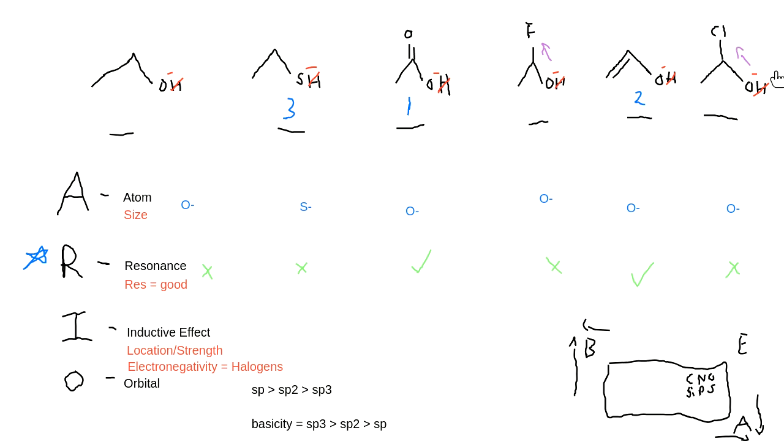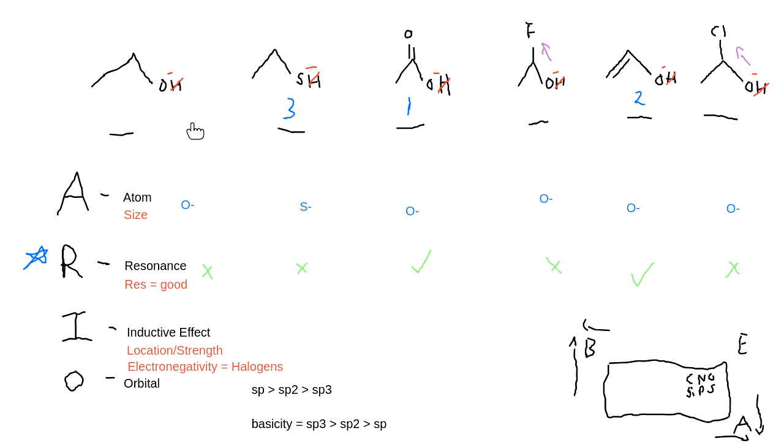But here the sulfur has an overall bigger size, and it spreads that negative charge across its whole surface area. That's why it trumps it. So if you want some kind of order, it would be resonance, and then atom, and then inductive, and then orbital.